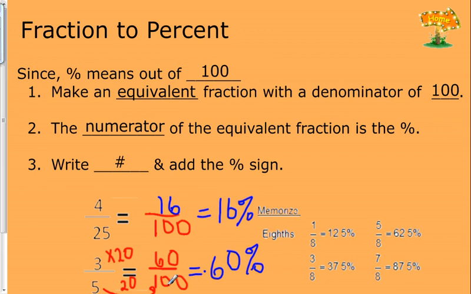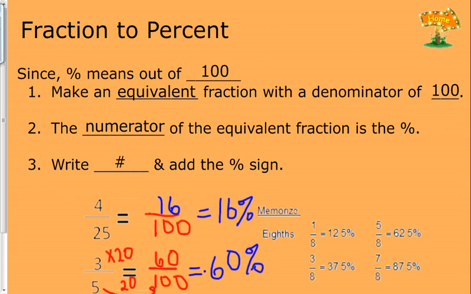Well, half of 100, 50%, would be 50. 3 is more than halfway, so that does work. If we found $5 and I was splitting it with Miss Bailey down the hall, we'd each get $2.50. So that's a little bit more. 3 is a little bit more than half. Therefore, 60% is a little bit more than 50%.